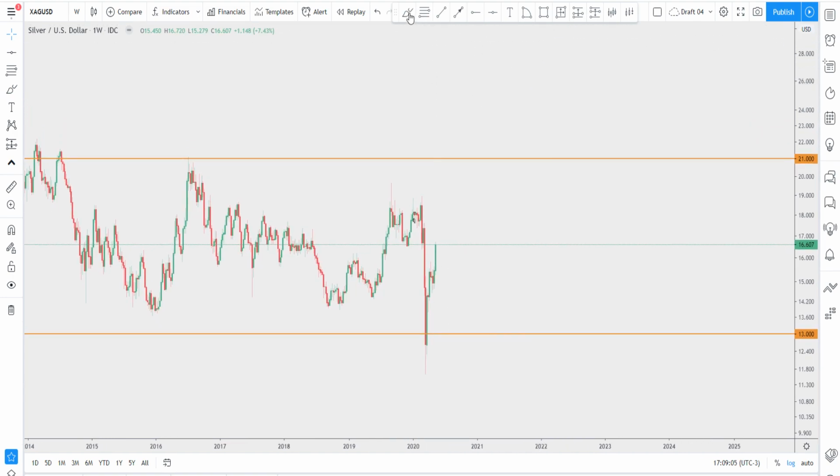So for bullish continuation, we had this back in the day, it was this one here. But unfortunately, there's a draw here.